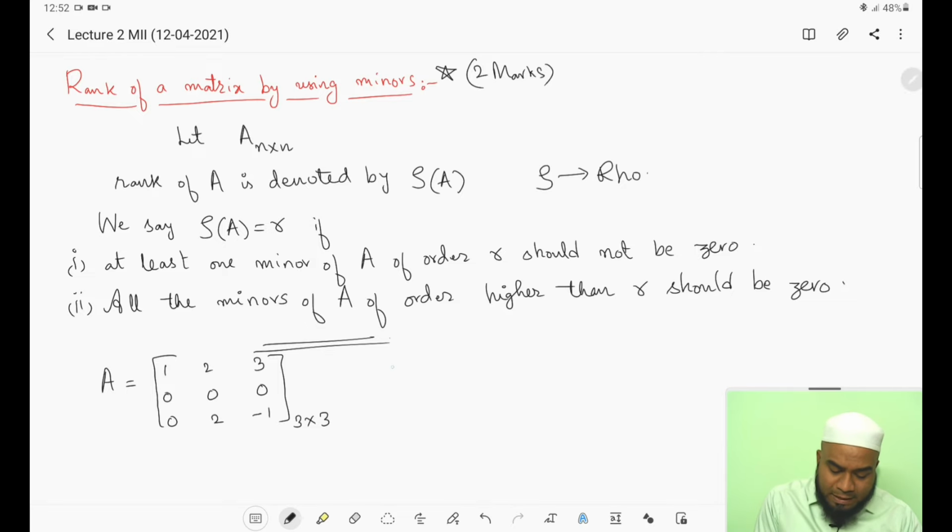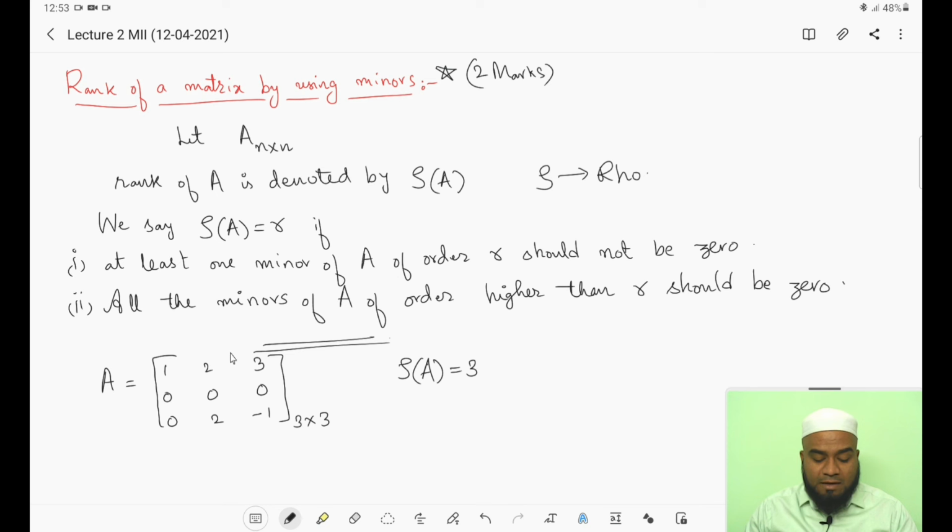Now I can say that this matrix A will be of rank 3 if at least one minor of order 3 is non-zero. The matrix A should have at least one minor whose order is 3 and which is not 0.